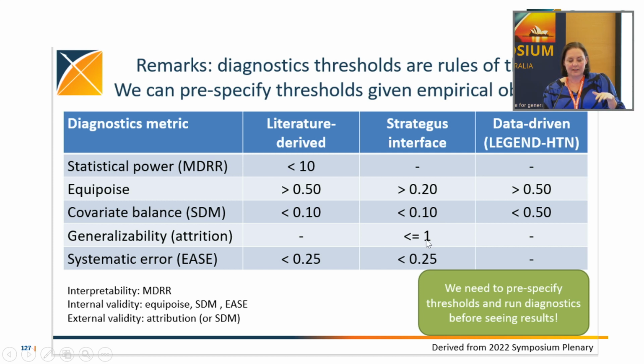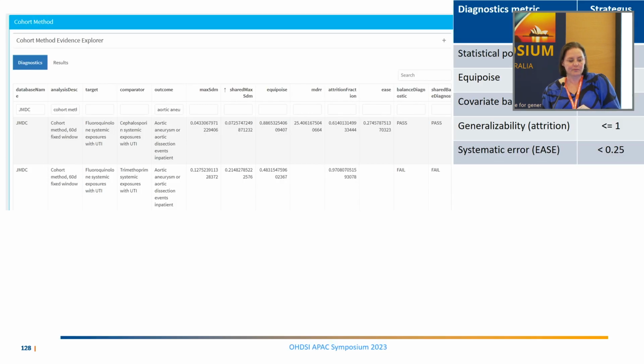There isn't a criteria for the generalizability, so it has to be at least less than 1, which will always be. And the E-score was less than 0.25. Okay, so keep that in mind. That's the cutoffs that we're using for these diagnostics in the Strategis framework.